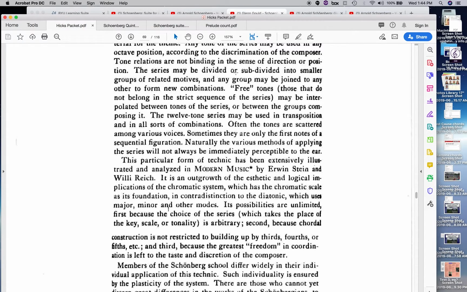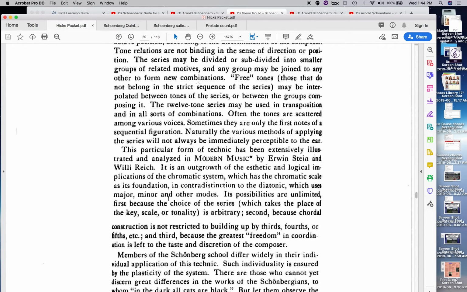The series may be divided or subdivided into smaller groups of related motives, and any group may be joined to any other to form new combinations. Free tones, those that do not belong to the strict sequence of the series, may be interpolated between tones of the series or between groups composing it. Well, that adds a lot of freedom.